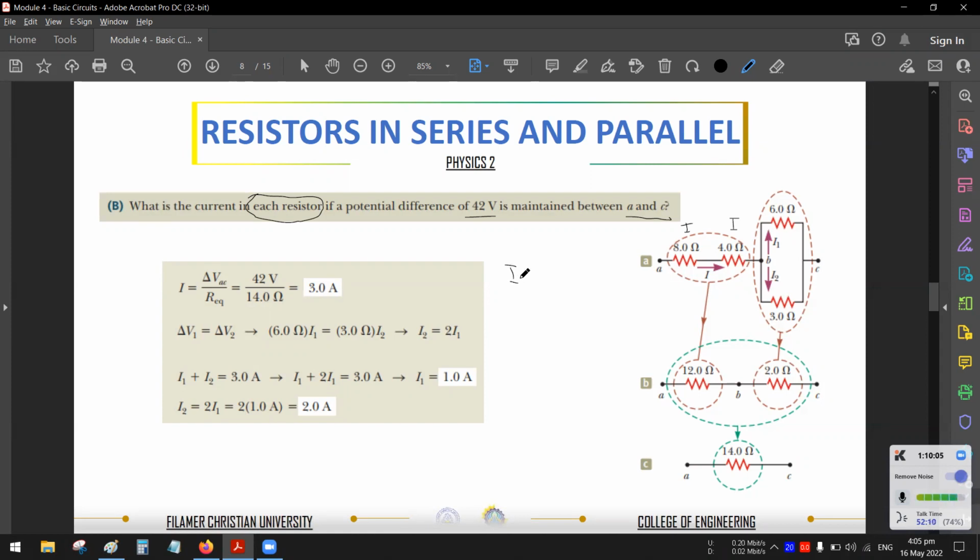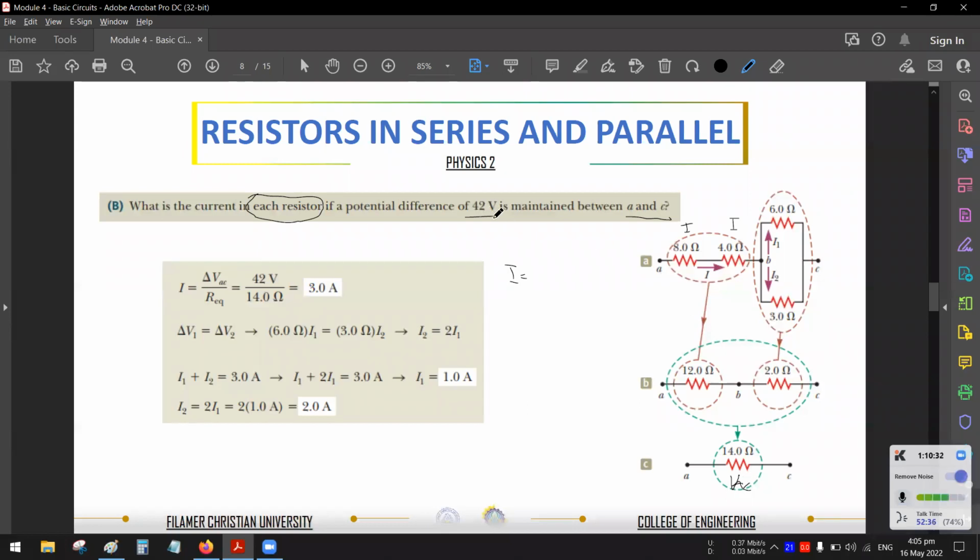Yung current kasi natin should be equal to the, ito yung pag-checking natin current dito. So that is yung voltage across this one. Kaso wala naman tayong kinocompute na voltage, no? Only the current. Okay, so that is the change in voltage across point A to point C, or that is the voltage across this one. So voltage across AC.